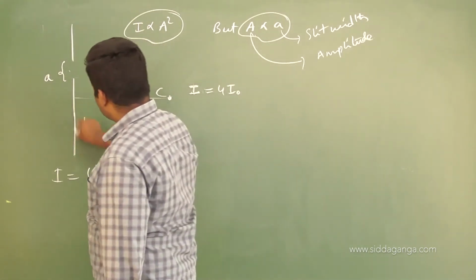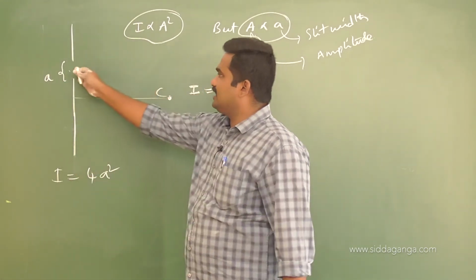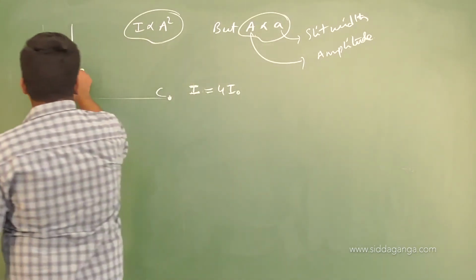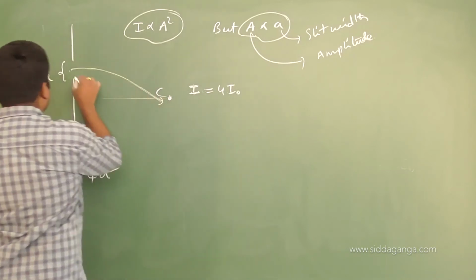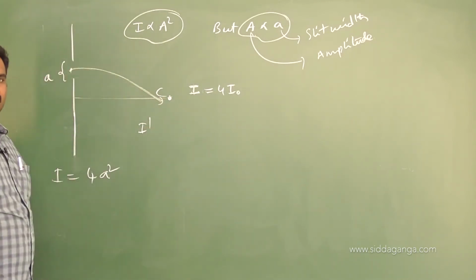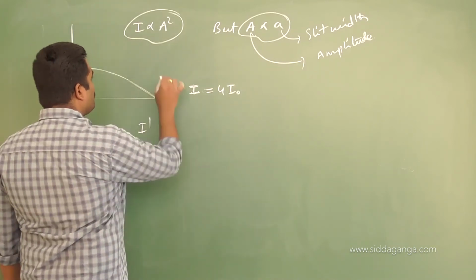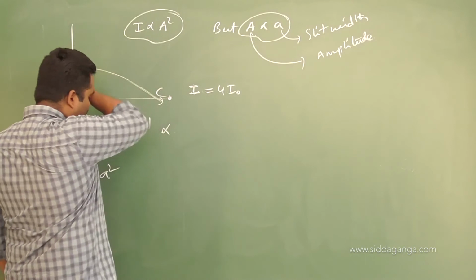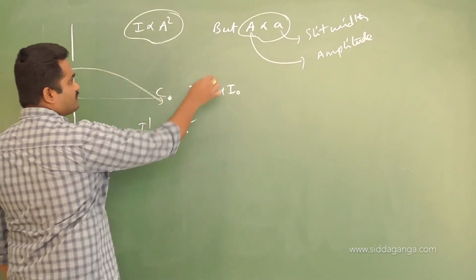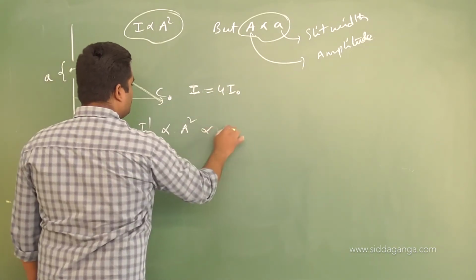If one of the slits is closed, there is no interference taking place, only diffraction is taking place here. So only the intensity because of this one, how much is there? Only due to this, I will say some I dash. It is proportional to the amplitude square at that point, A square.